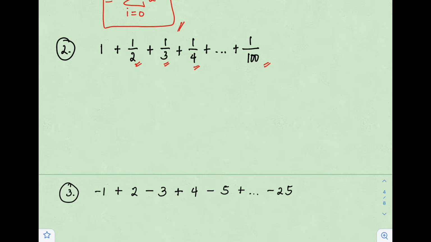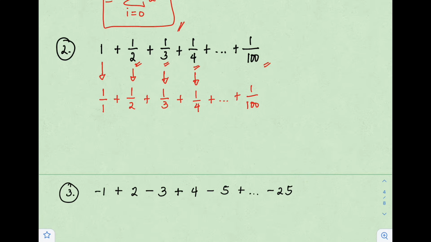So the lower bound and upper bound are possibly there. Right? If we rewrite 1 in terms of a fraction, since all our terms are fractions, that is equivalent to 1 over 1 plus 1 over 2. That is our 1 half. Plus our third term, which is 1 third. Plus our fourth term, which is 1 fourth. Up to we have 1 over 100.